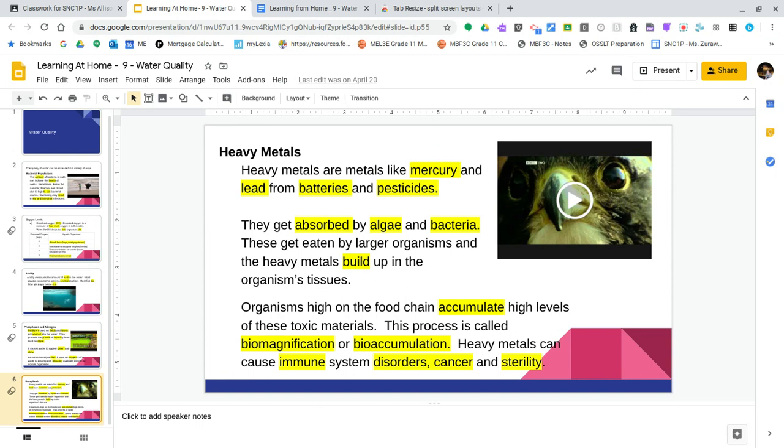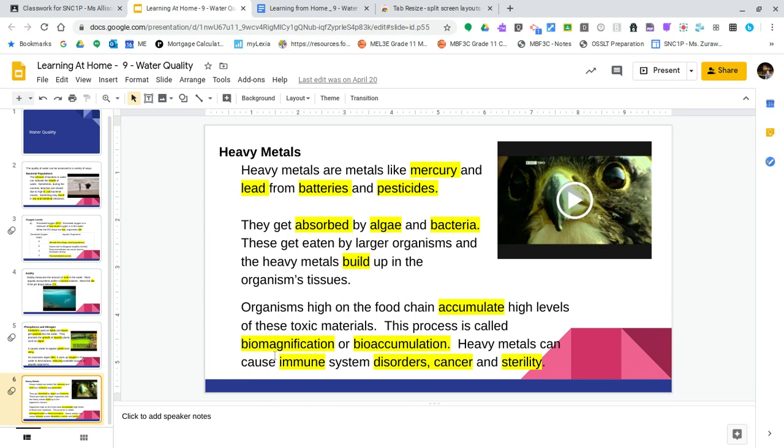So the idea would be that as an organism that's higher up in sort of the food chain or the food web consumes multiple organisms that would have these heavy metals in them, then eventually they're consuming a lot more heavy metals over time.